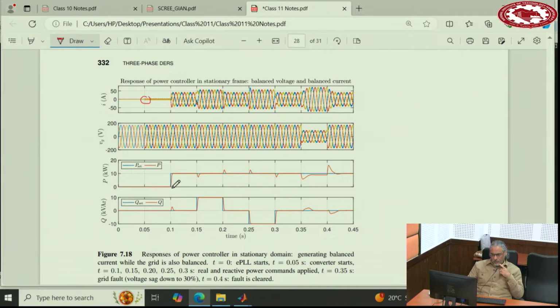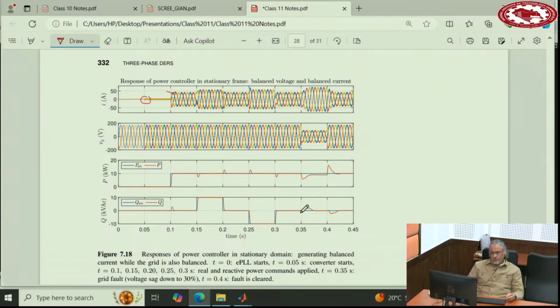And at this point, the real power set point of 10 kilowatt applies, and the converter immediately starts generating the current, and the power goes up to 10 kilowatt. And then here you have a reactive power jump, and the converter follows. Reactive power goes back to 0, back to negative 10, and to 0.